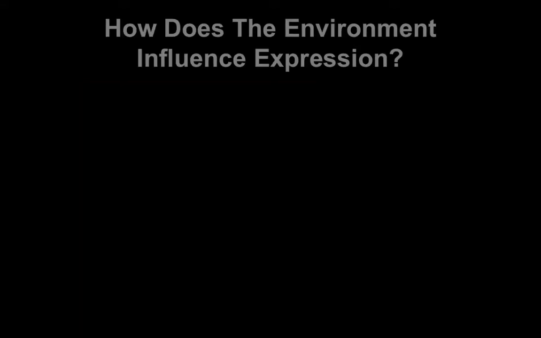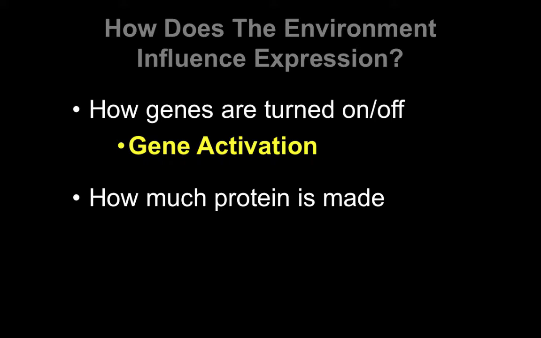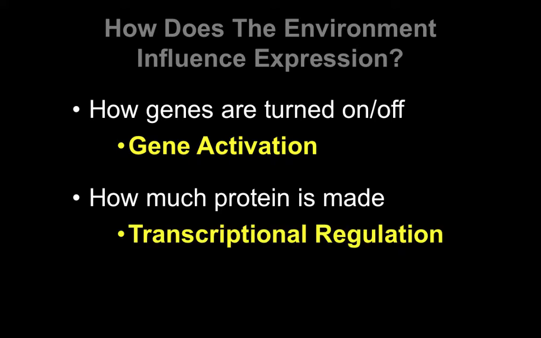So let's look at how the environment actually does this. The first thing is that the environment can change how genes are actually turned on and off, and we call this gene activation. It can also determine how much of a protein is made. We're going to call this transcriptional regulation.